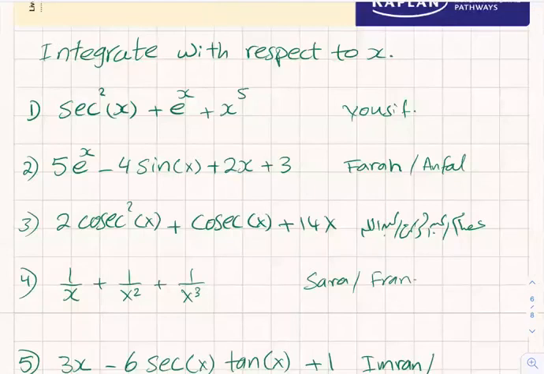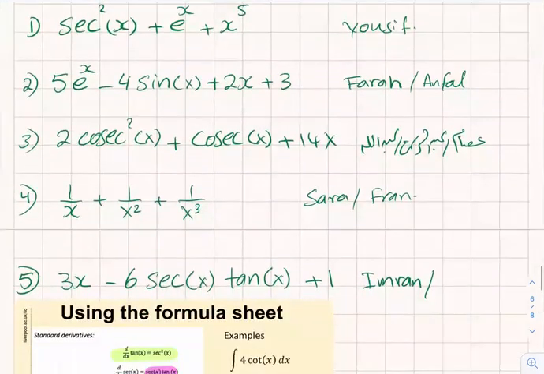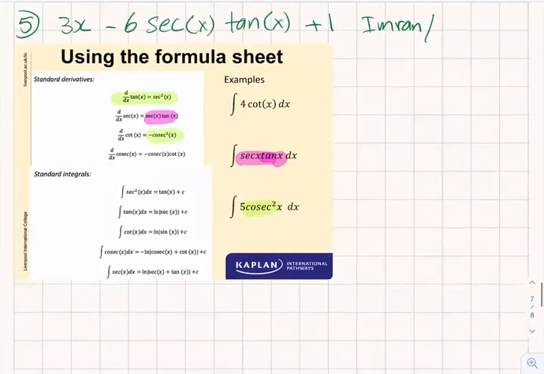So the first question, we have secant squared x plus e to the power x plus x to the power 5. Basically what we've been asked to do is to integrate. All of them have the integration symbol. The secant squared is from the formula sheet here: d over dx for the tan is secant squared.